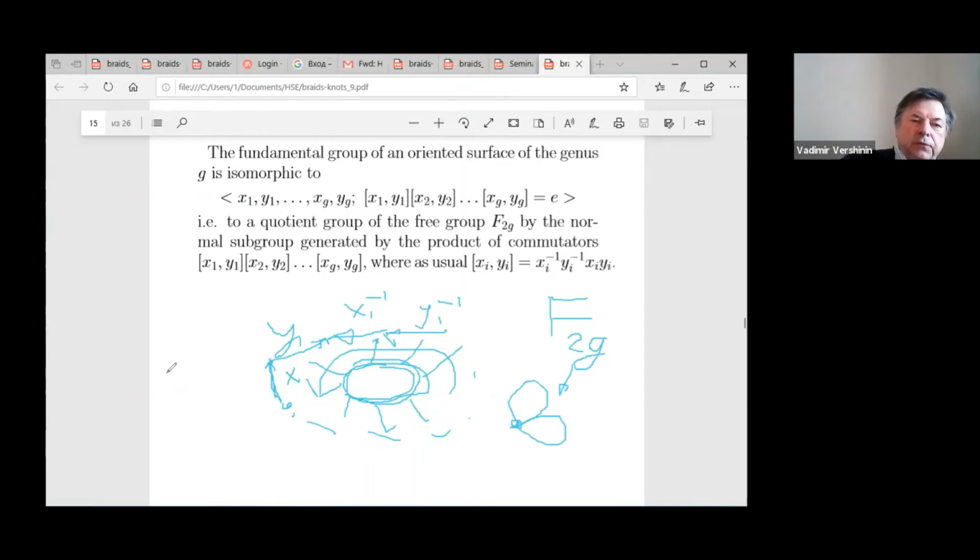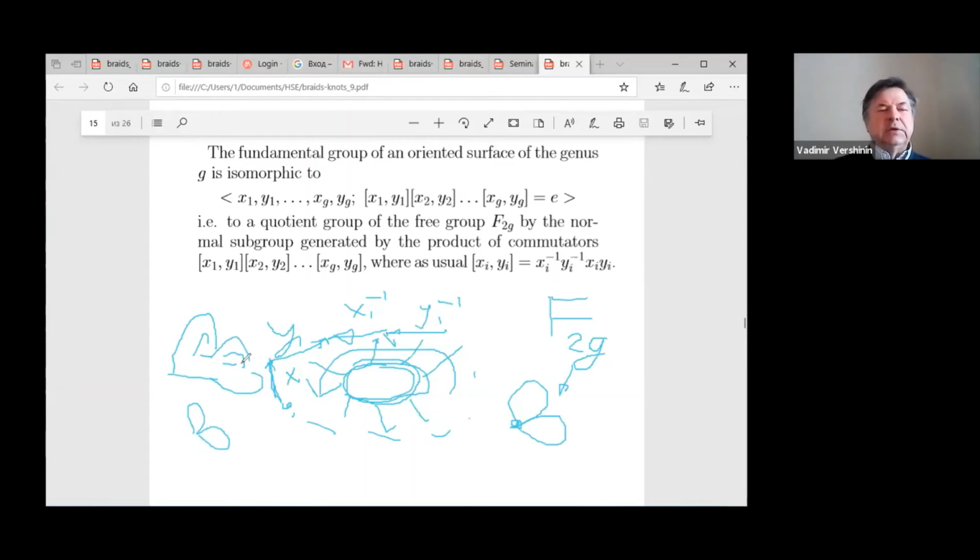And if you remember our surface that was in the exercises, what is it? The disk with 2 bands, right? This is homotopically the same as the wedge of 2 circles.